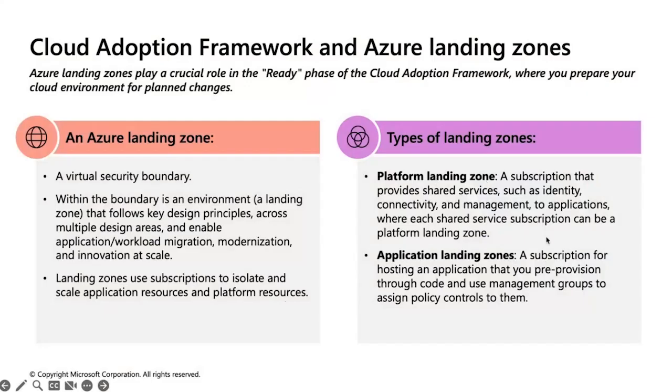A subscription that is going to work for identity, shared services, and connectivity comes under platform landing zone design. A subscription that is being used for hosting applications, provisioning code, management, and assigning policies comes under application landing zone. And these are part of the ready phase of the cloud adoption framework.